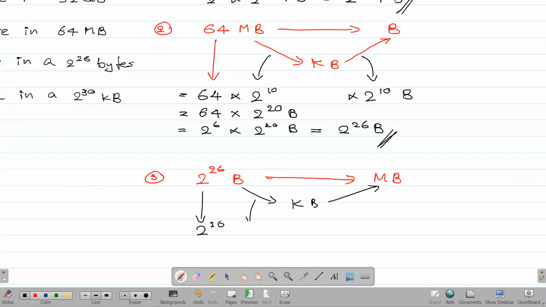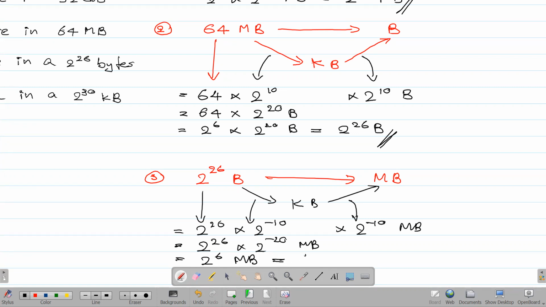When we are converting byte to kilobyte, we need 2 to the power minus 10. Now it is a minus value because it is going from a smaller unit to a bigger unit. And this is again 2 to the power minus 10. So which is going to give you 2 to the power 26 into 2 to the power minus 20 megabytes, which equals 2 to the power 6 megabytes, which means 64 megabytes.